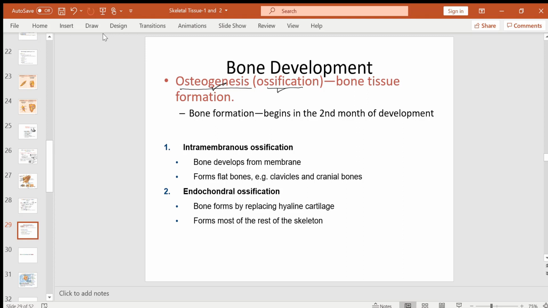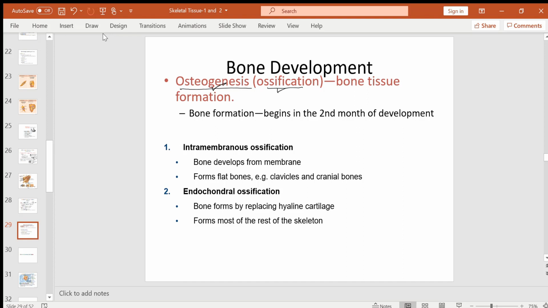When you get a fracture, to heal the fracture, you need the formation of new bone tissue. So to grow the bone, to heal the fracture, you need the formation or production of bone tissue.